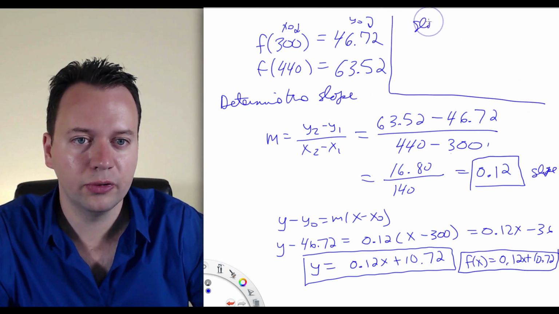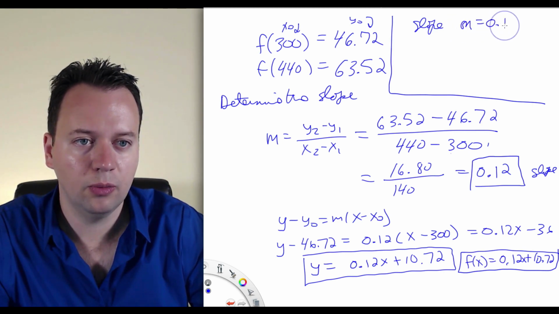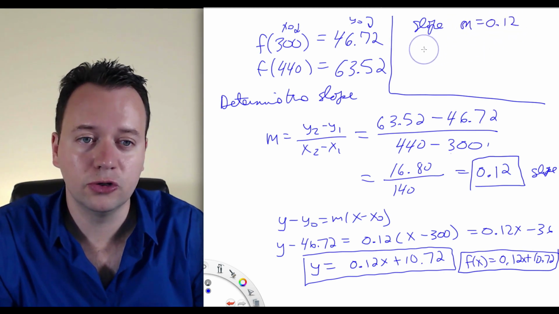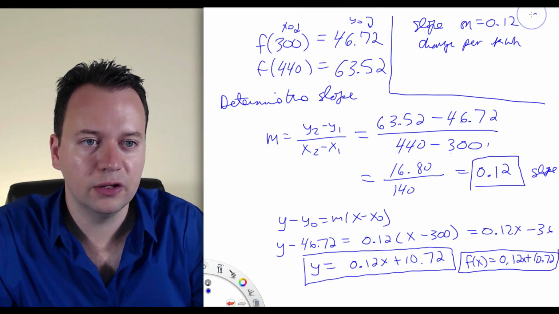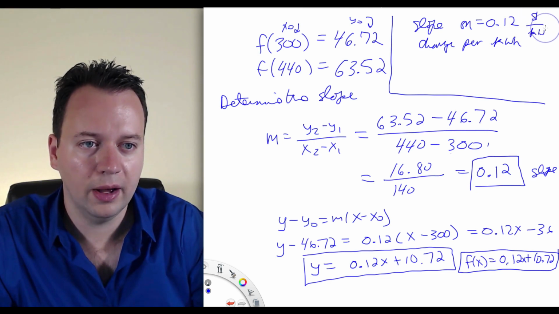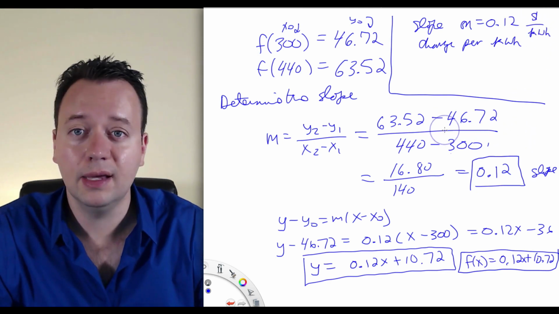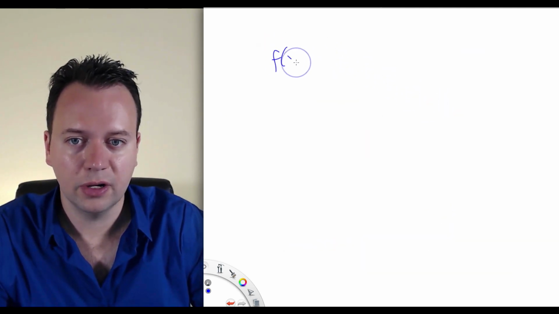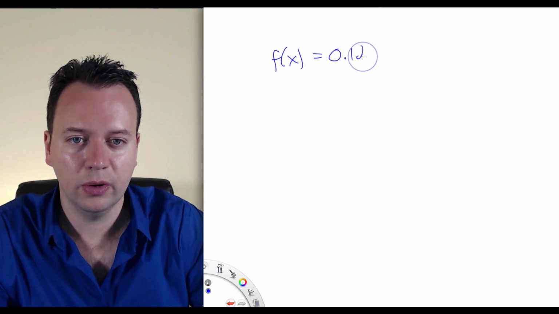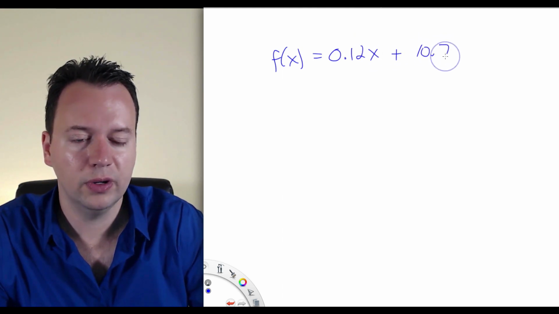The slope, which was m equal to 0.12, represents the charge per kilowatt hour. So the units of this should be in dollars per kilowatt hour. We know this because the output has to be in the units of dollars. So let's write the function up here. f of x is 0.12x plus 10.72.